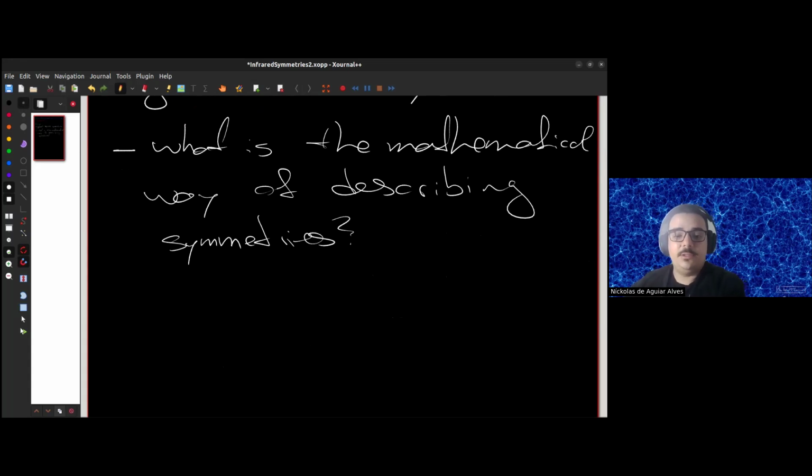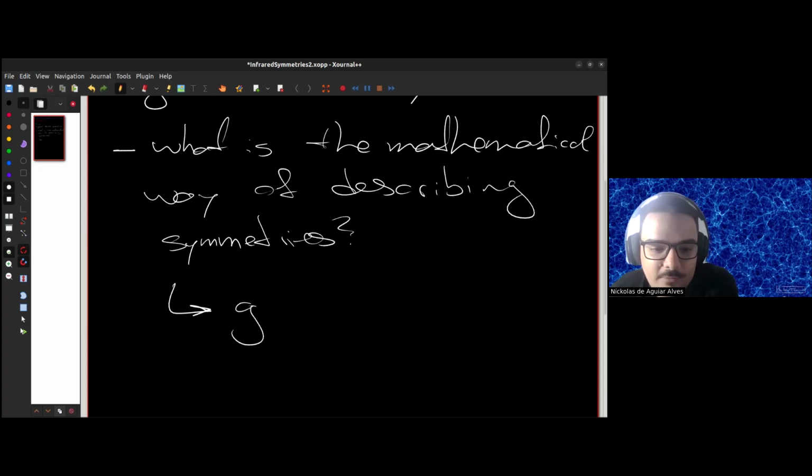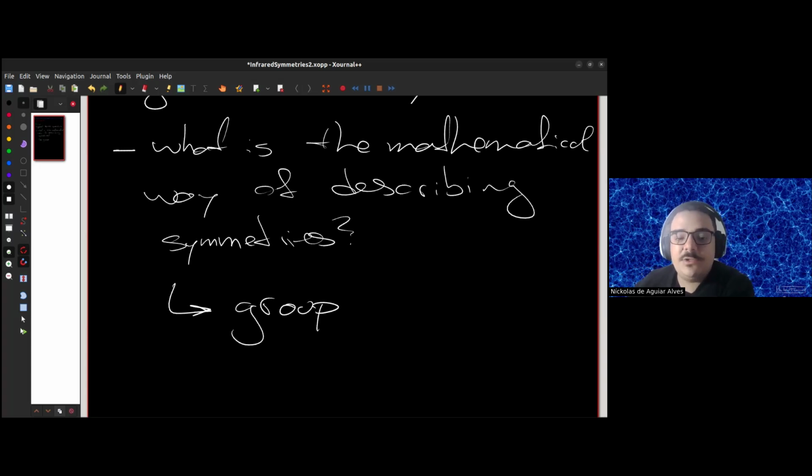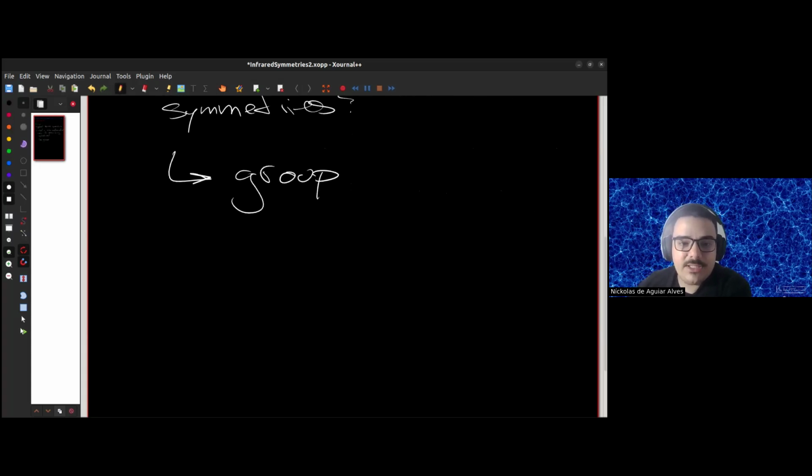The way we decided to do this, inspired by the particular case of rotations, led us to the notion of a group, which is an algebraic construction. In the sense that it is an algebraic construction, it is very similar to a vector space, but it is simpler. It has fewer axioms, and it has only one operation. And a group is the basic structure that we need to describe what a symmetry is.